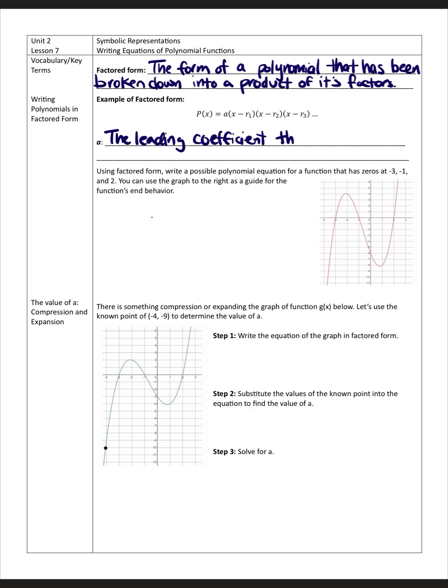That can stretch, compress, or flip the graph. So basically, that A determines if the graph is stretched, compressed, or flipped. And you'll see different examples of A and how it impacts the graph, and we'll be talking about that a lot.